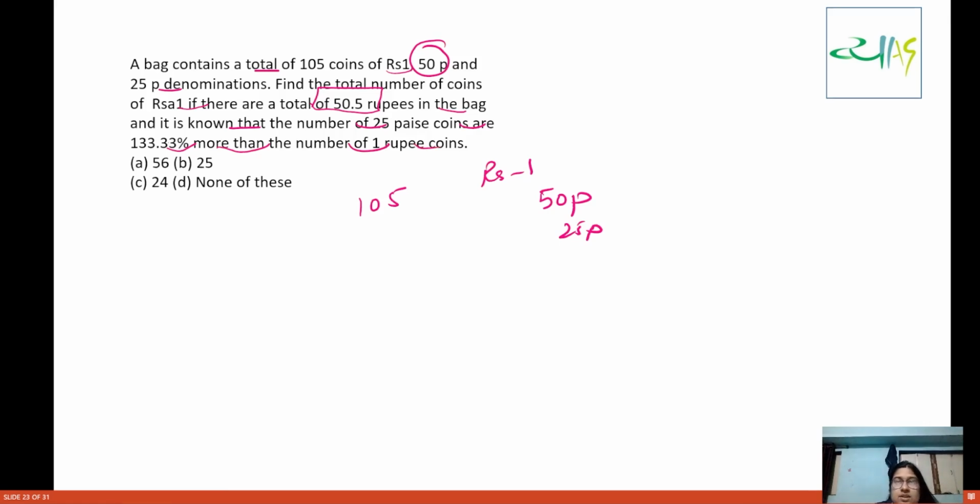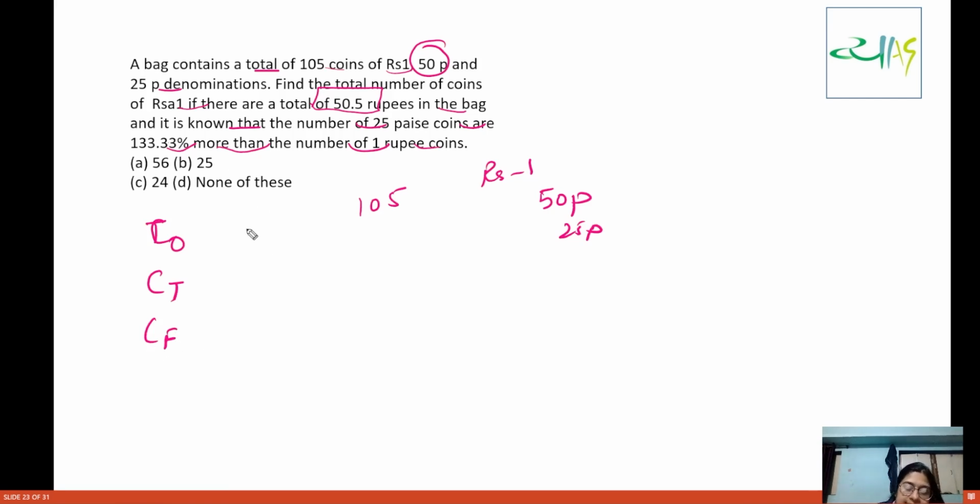Okay, fine. So see what information we have been given. First of all, it is saying that there are total number of 105 coins. So let's say coin of 1 rupee as CO, coin of 25 paise as CT, and coin of 50 paise as CF.